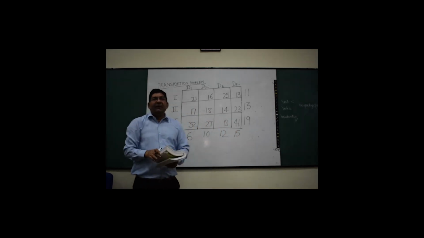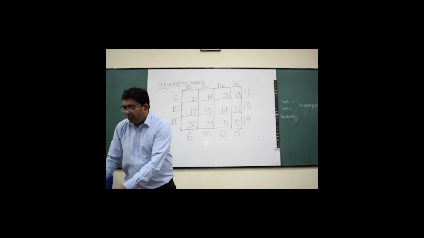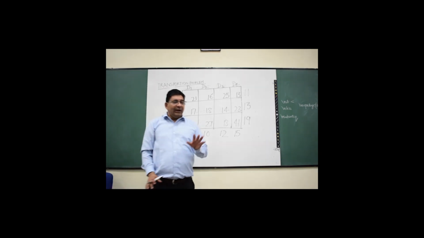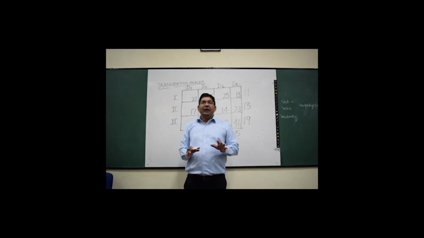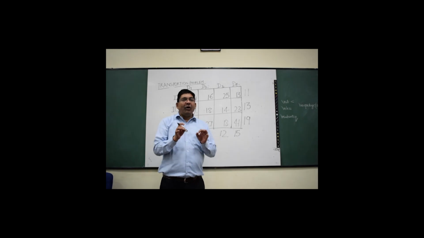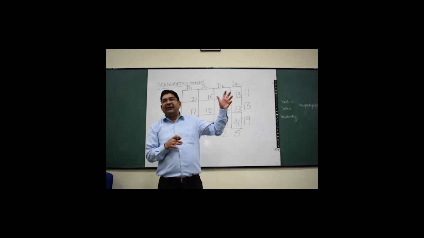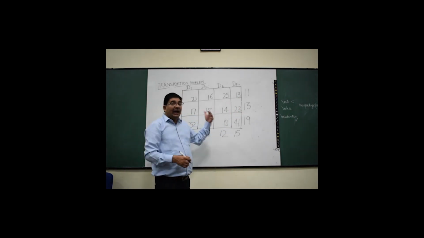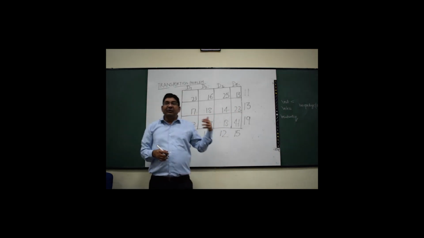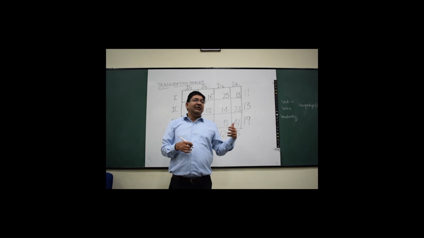So again, we have to find the initial basic feasible solution and the cost of transportation of materials from these three sources to the destinations. Here I will use Vogel's approximation method to find the initial basic feasible solution.